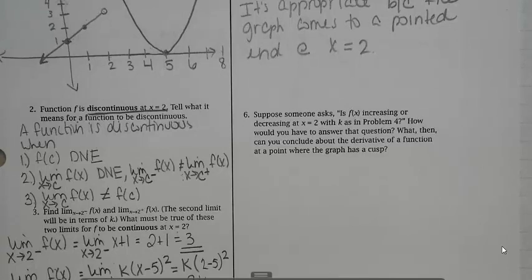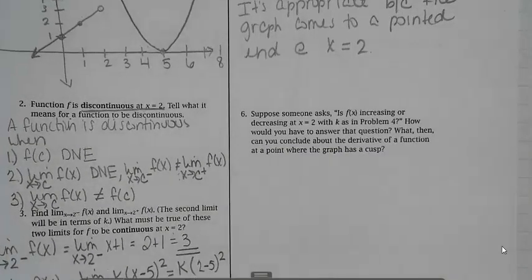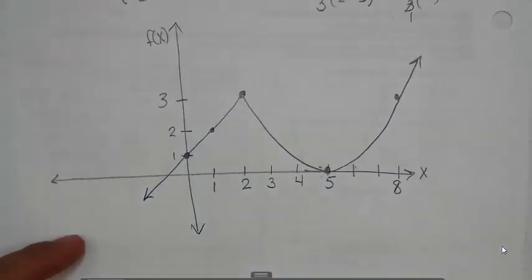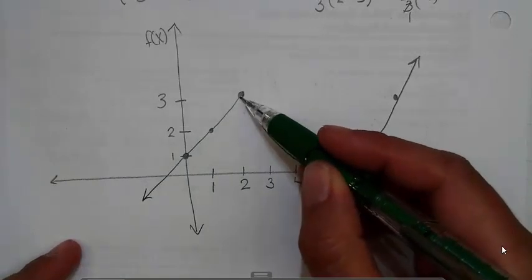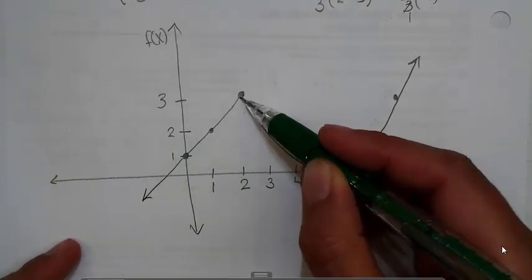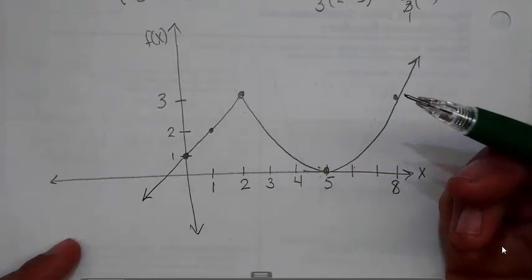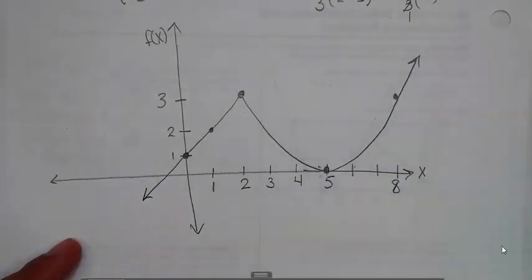What then can you conclude about the derivative of a function at a point where the graph has a cusp? So what's happening at this cusp? At x equals 2, is our graph increasing or decreasing? Hopefully you said neither. It's not increasing or decreasing.